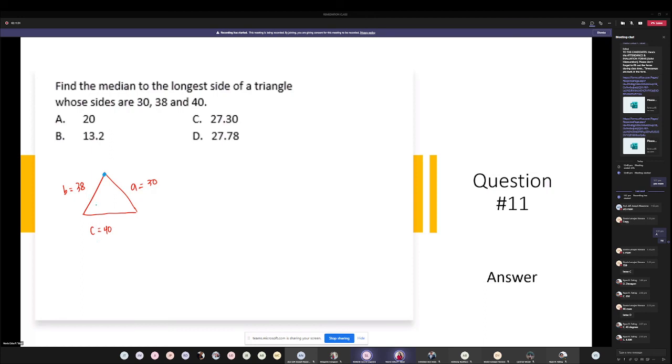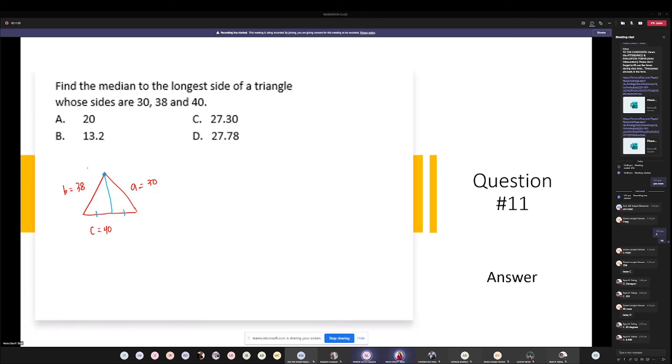Meaning it should bisect side C. Let's say this is the bisector. So this part here is equal to this part. So they will have 20 units each. It doesn't have to be perpendicular. We should not assume that it's perpendicular. There are times that it can be perpendicular, but for this one, do not assume.